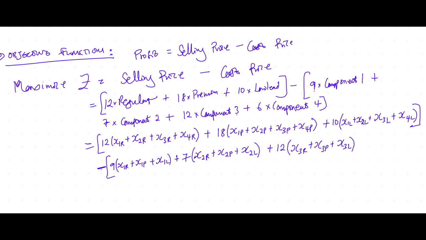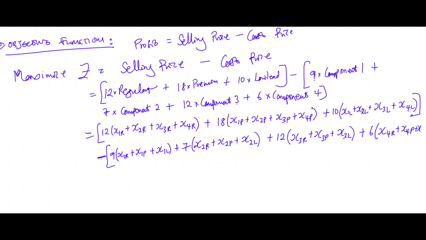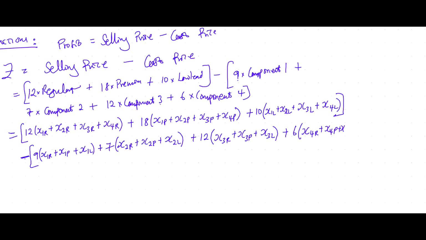Then finally 6 is component 4: component 4 in regular, component 4 in premium, and component 4 in low lead. Then the big bracket comes here. All right.